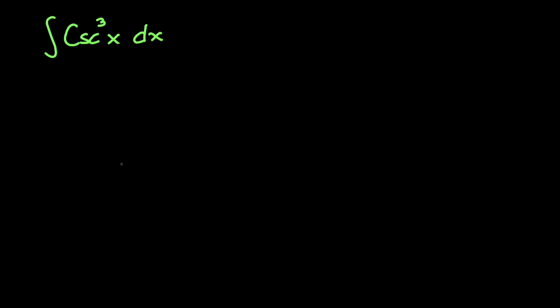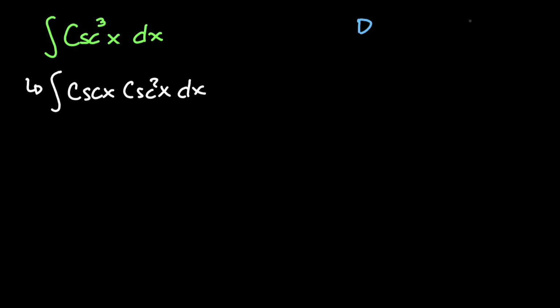The integral of cosecant cubed x dx. So the first thing we're going to do here is to factor out a cosecant squared of x dx. But we cannot transform this into its trigonometric identity because this shall be part of dx. But what we can do here is to use integration by parts.